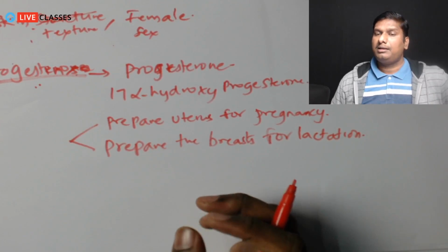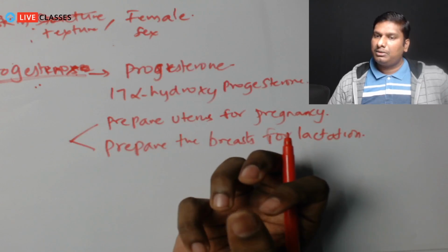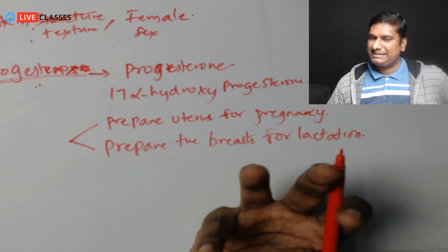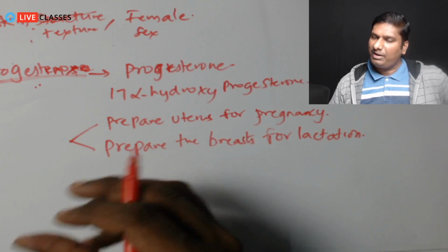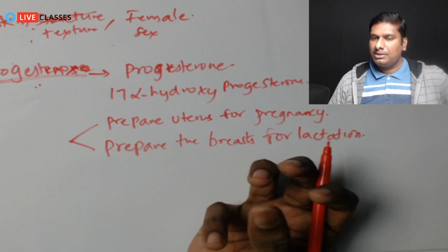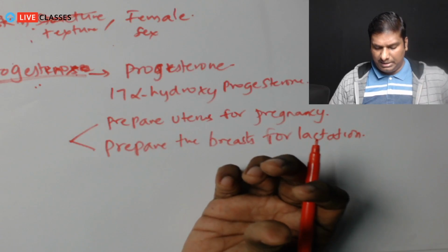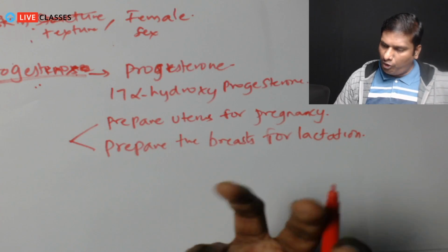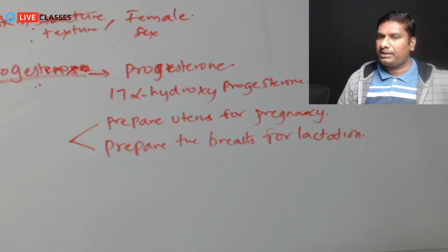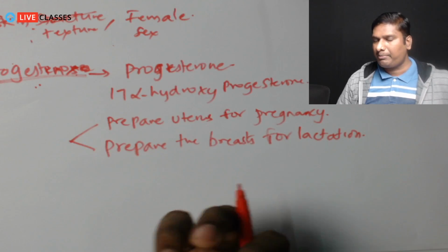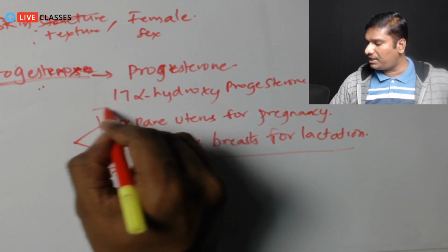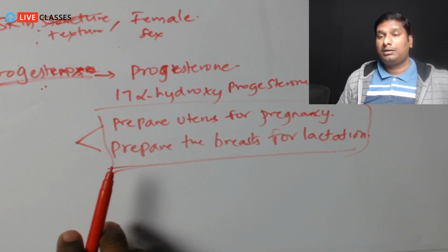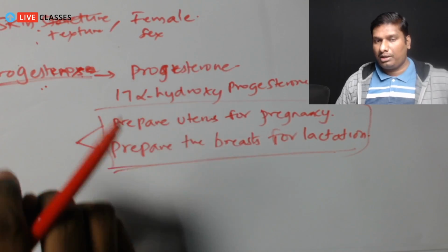Basically it stimulates the breast to start forming milk sacs. We call them alveoli, just like your lung alveoli. So it starts stimulating the formation of these alveoli so that milk can be stored, and these are the two functions related to your progesterone.